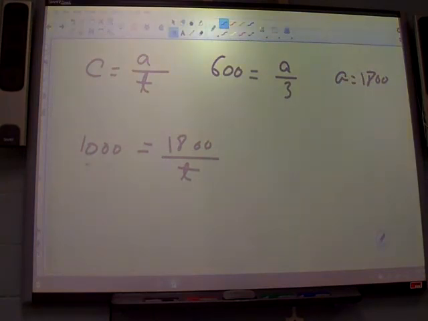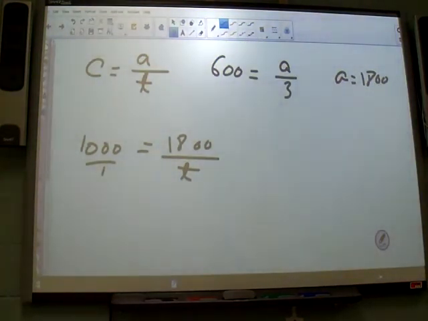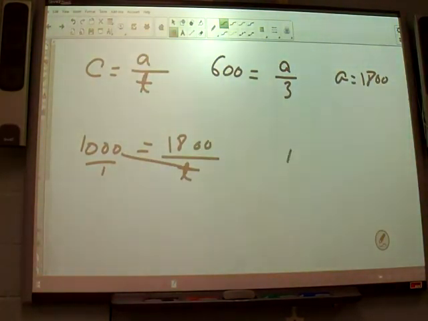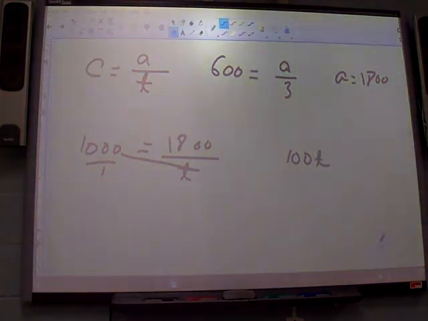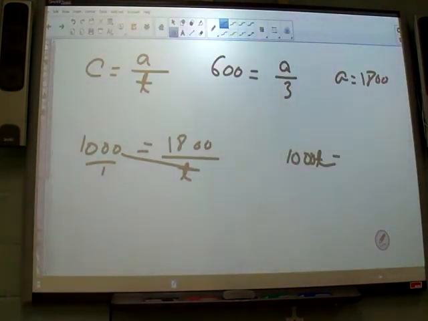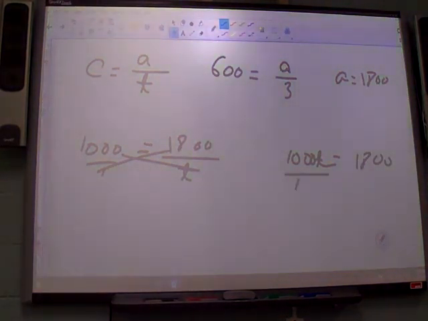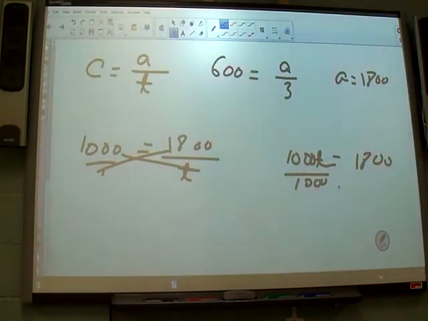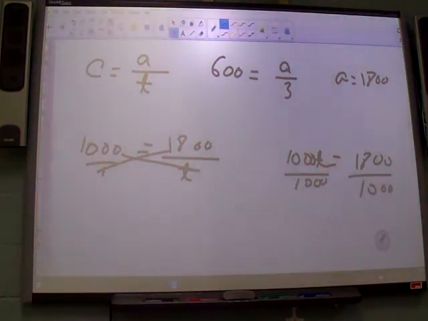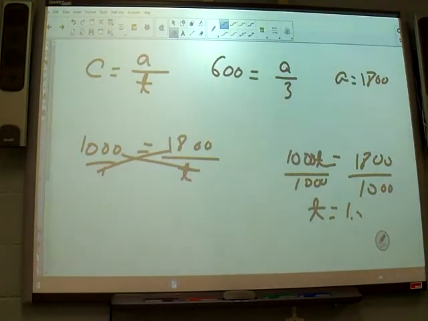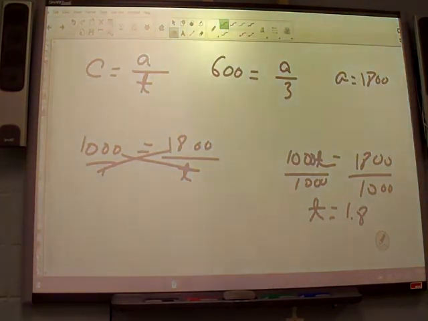Don't I have a fraction equal a fraction? Oh, cool. So 1,000 T would be equal to 1,800, and then divide by 1,000. T would be 1.8. Okay, now again, T does equal 1.8, but 1.8 families aren't going to go. So two. How many more families do we need? 2 families.